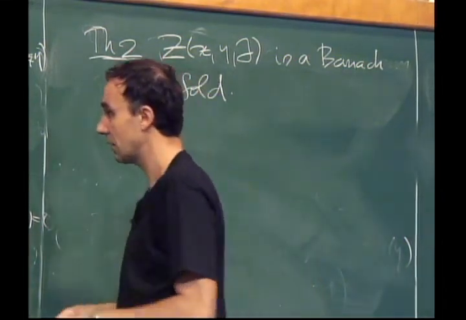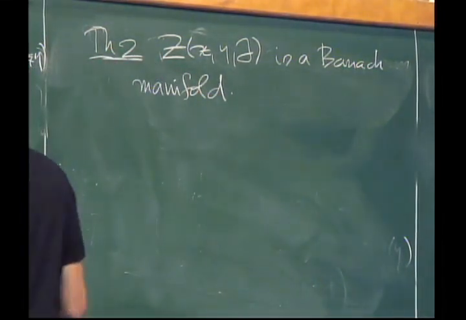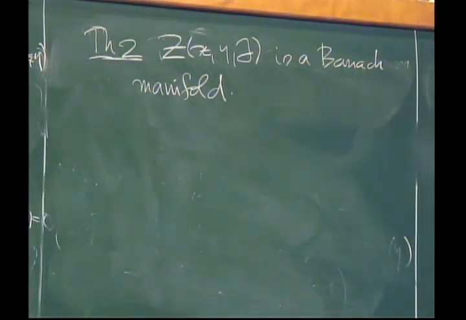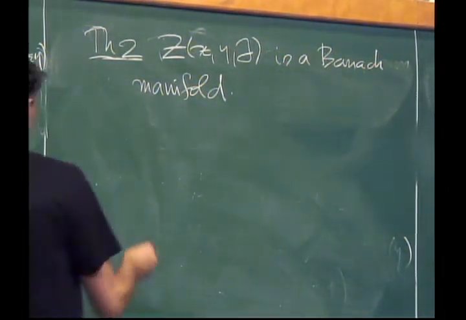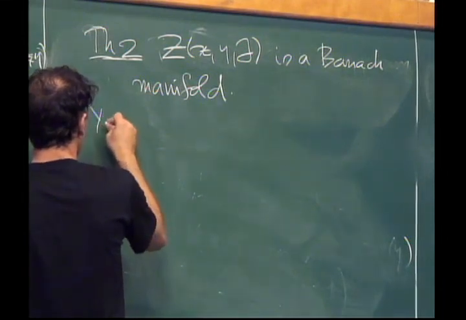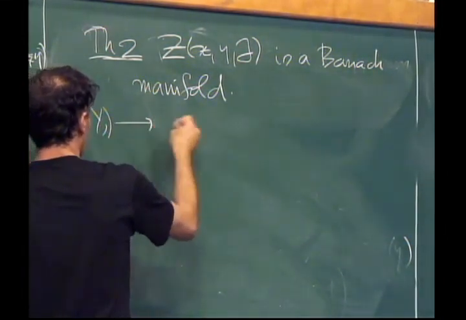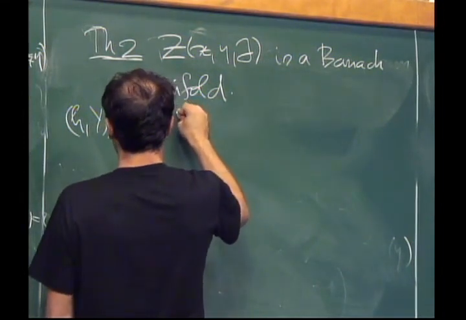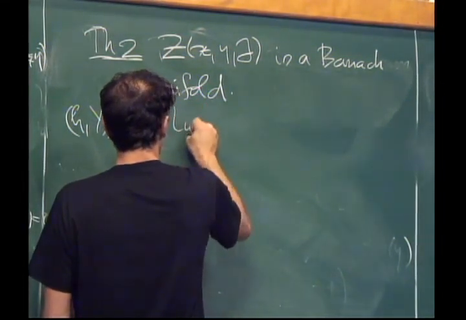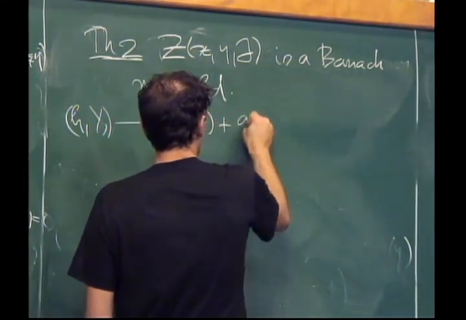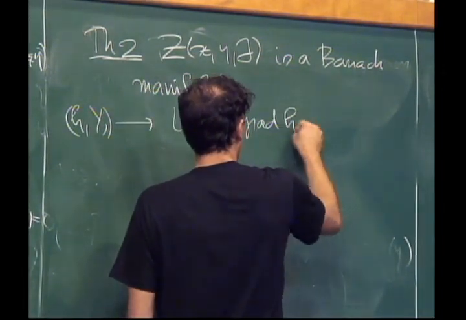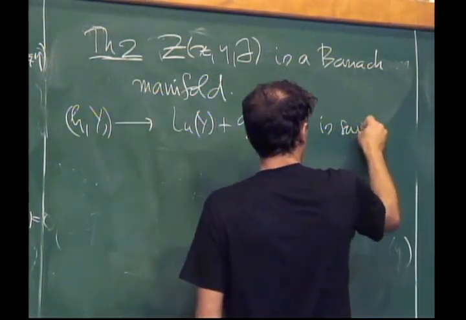Remember I wrote this on the board. This meant that this application (h, y) to L_u y plus gradient of h is surjective.